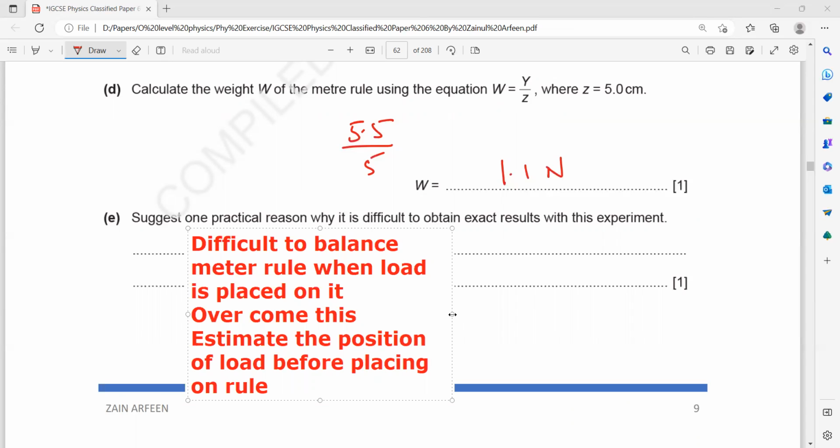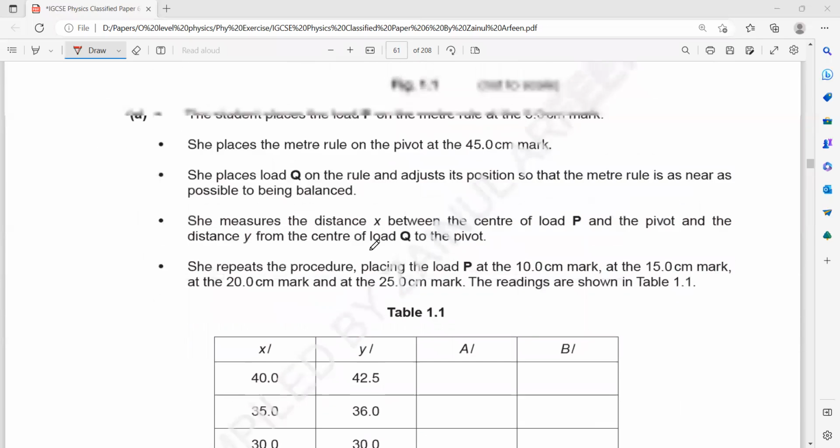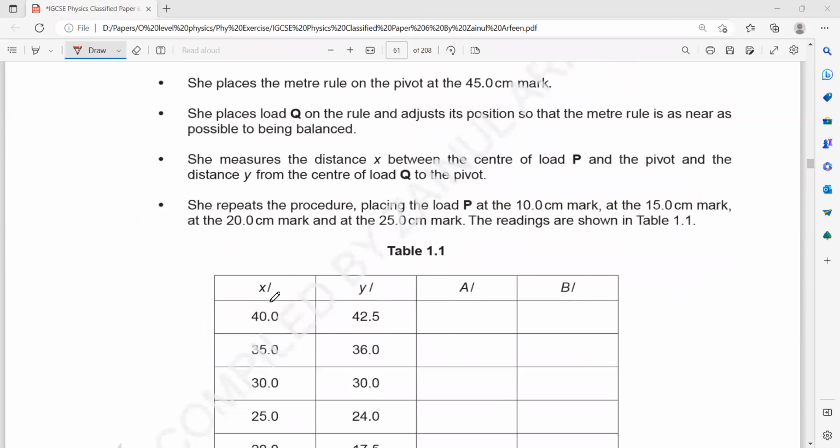For example, we place load P at the 40 centimeter mark.